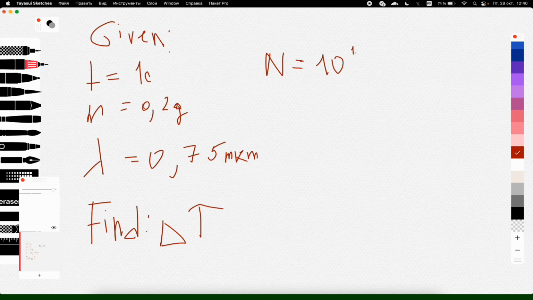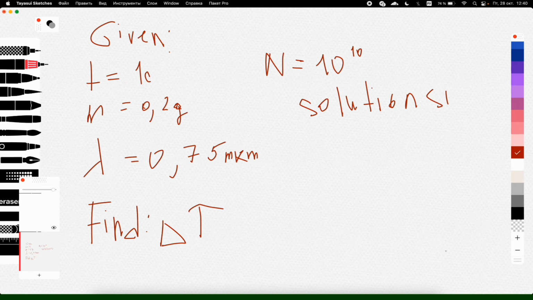How do we solve this? We know the specific amount of heat Q can be determined by the formula.